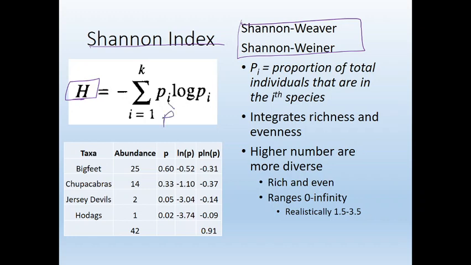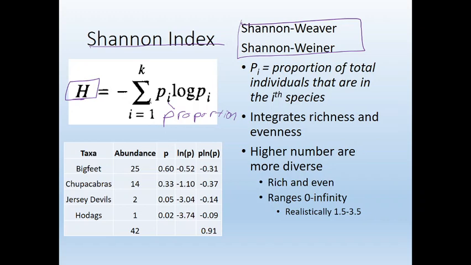Okay, so I should write proportion in here. I wrote it right up there. p_i is the proportion of total individuals that are in the ith species. So that ith species just refers to this summation notation. Just bear with me for a minute.